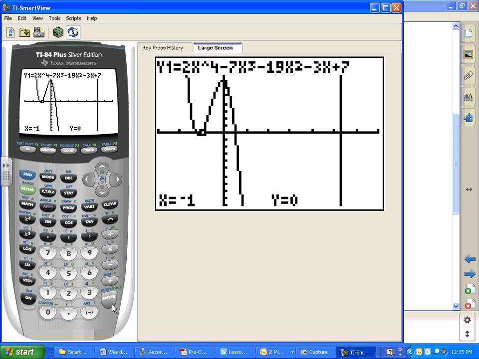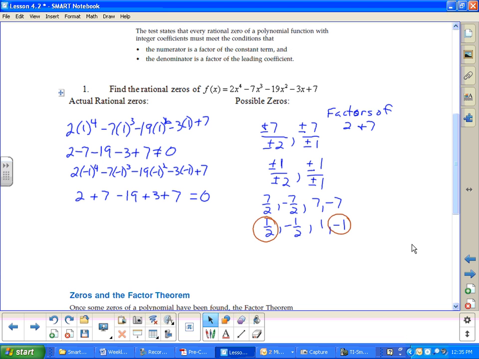So here's the thing. The one next to it, if it was rational, would have to have either 1 or 2 in the denominator, or 1 or 7 in the numerator. So let's think about that for a second. All these possible ones I had here, are any of them close to -1?